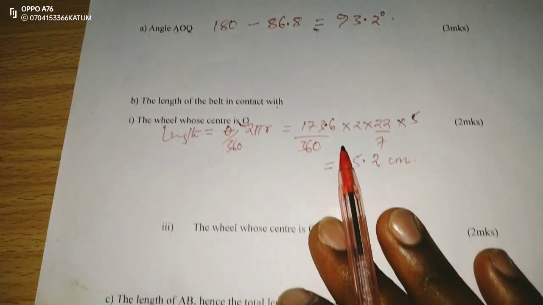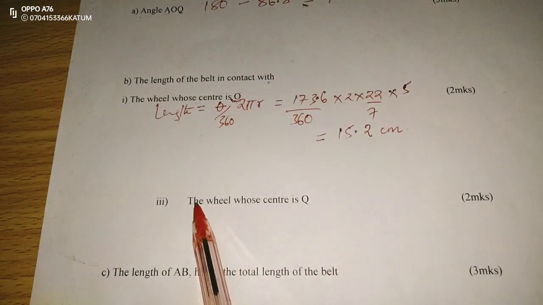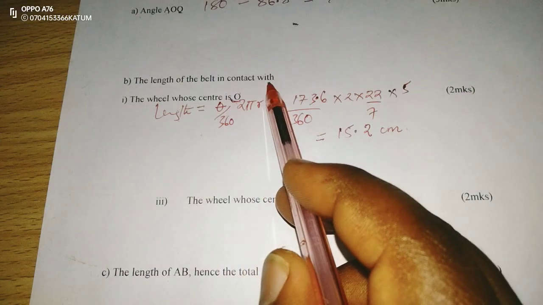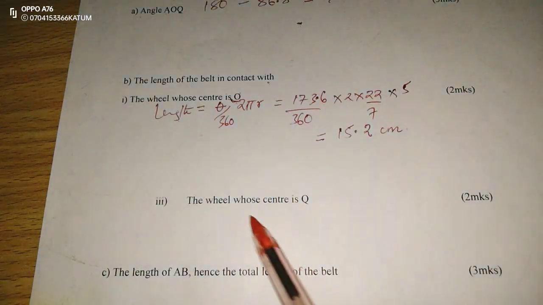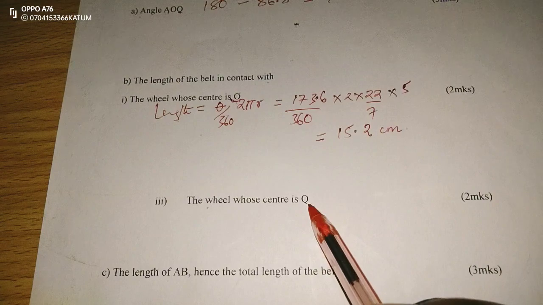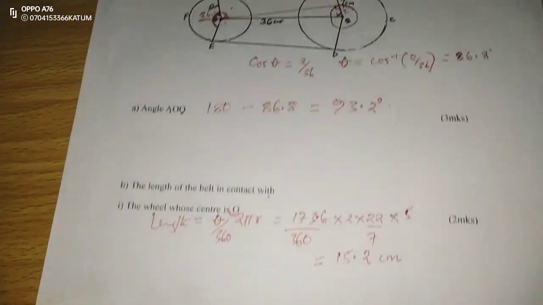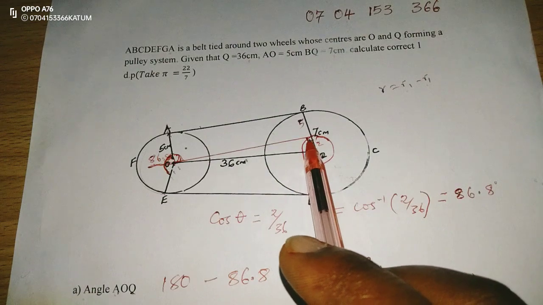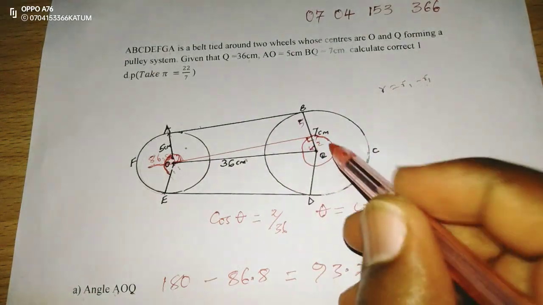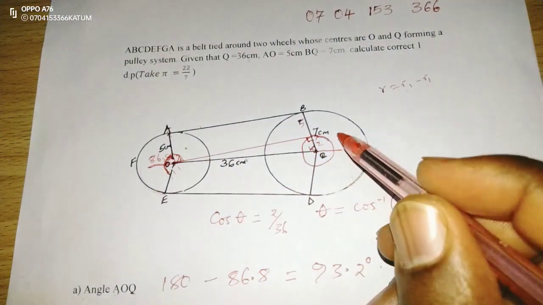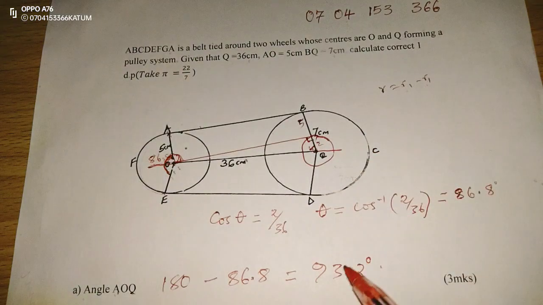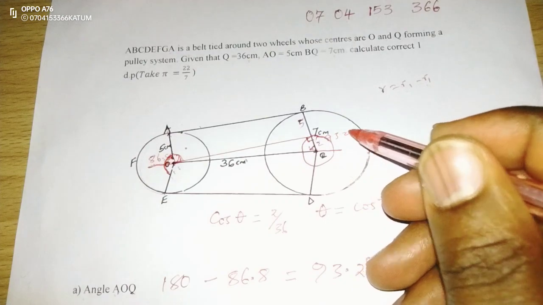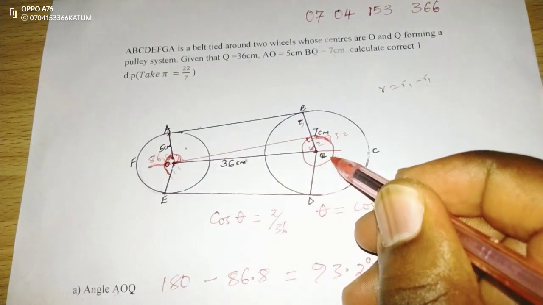Now we also need the length of the belt in contact with the wheel whose center is Q. Now that we calculated 86.8, the other side has 93.2, and we multiply by 2 to get the whole angle.